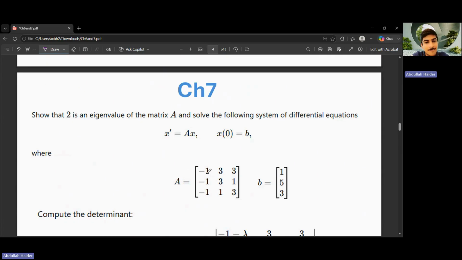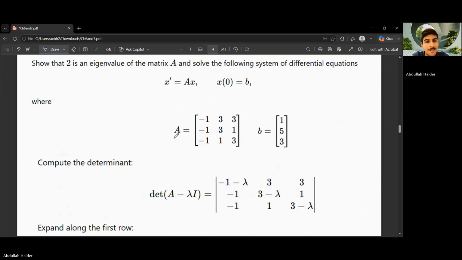You're given this determinant question. You have this matrix A, and as I said before, you do minus lambda on the main diagonal, like minus lambda here, minus lambda here, minus lambda here.